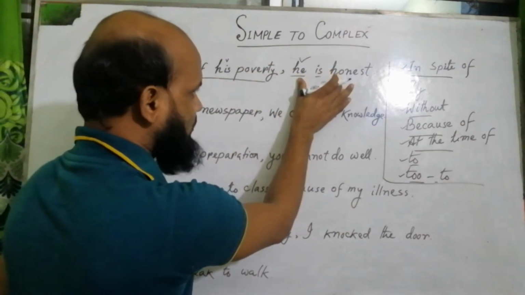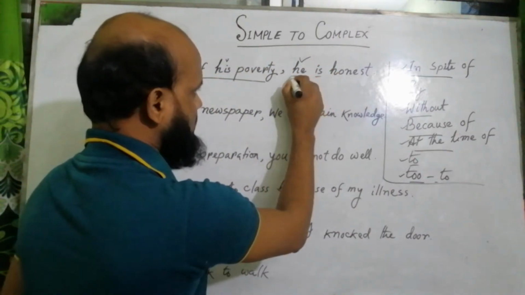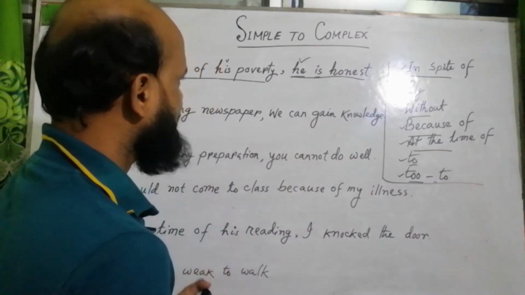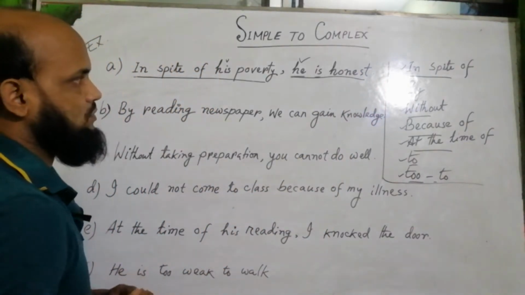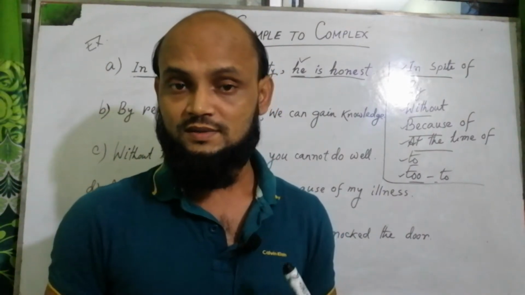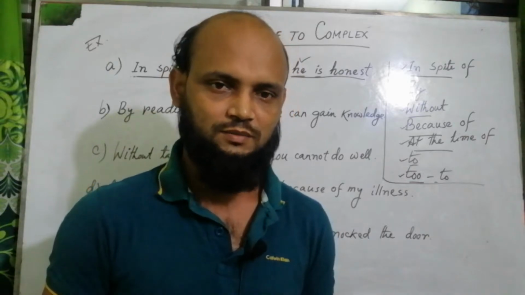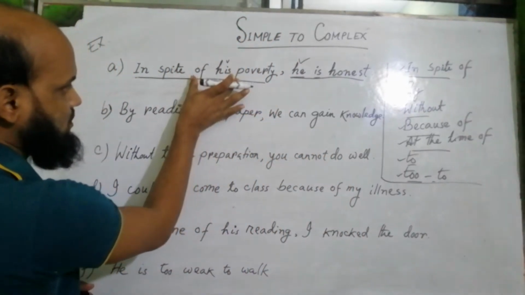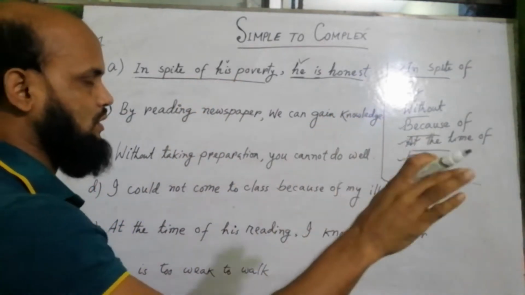There is only one clause, principal clause, he is honest. So we know when we want to make any clause, we need a subject and a finite verb. So definitely we have to change this phrase into a clause.